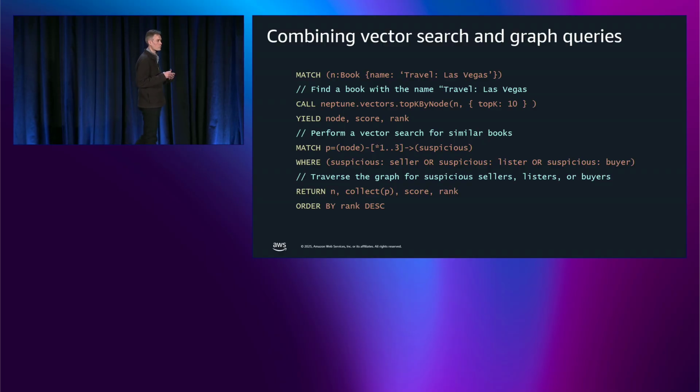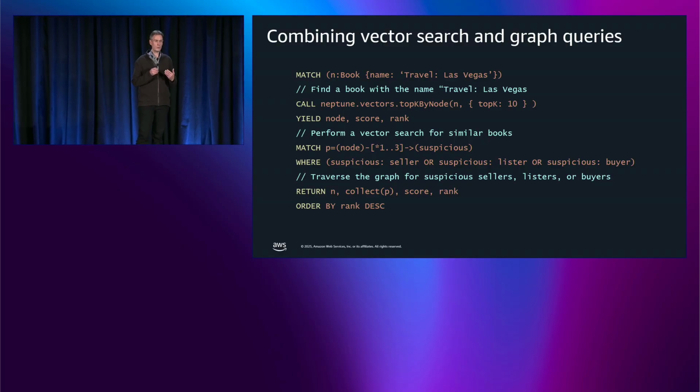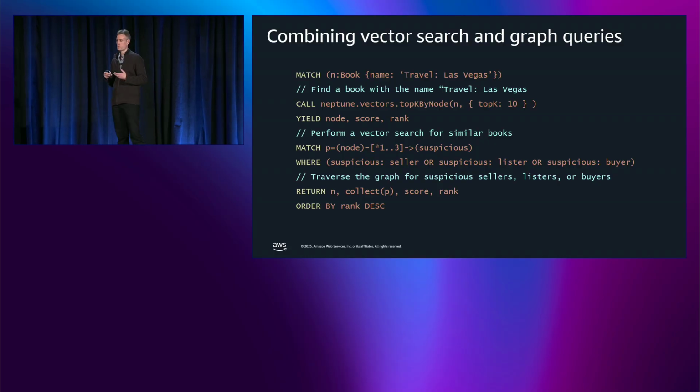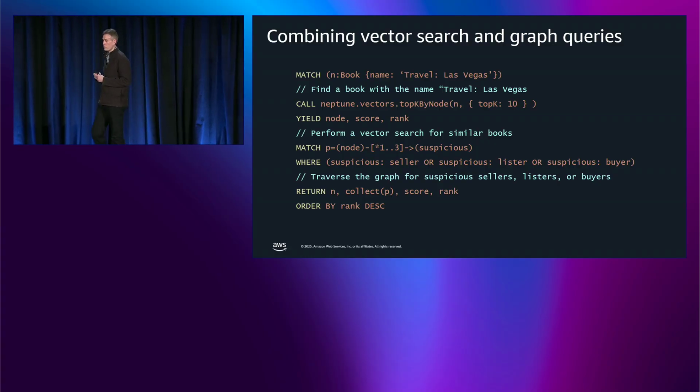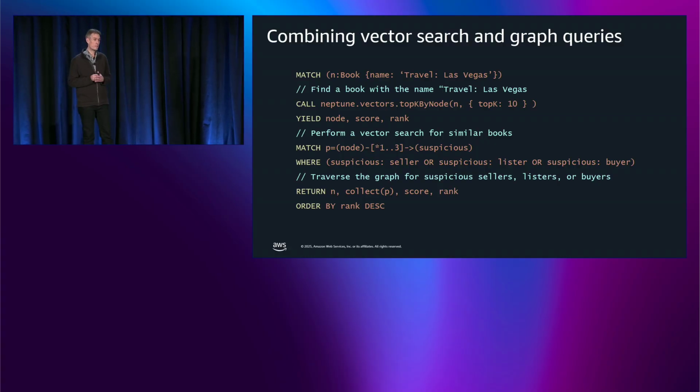One of the things that this group is looking at is who are trying to sell books that were generated by generative AI. The technique that they used was they started off by doing a graph traversal to match something that they had in their graph. So in this case, in their product graph. And in this example, I want to look at books about travel to Las Vegas.